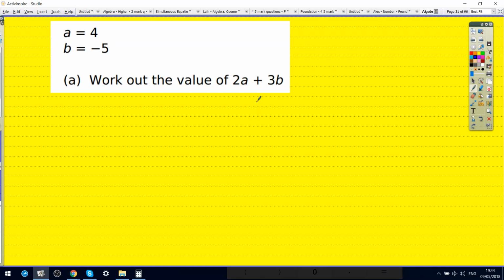2a, which would be 8. Plus 3b, so that would be minus 15.